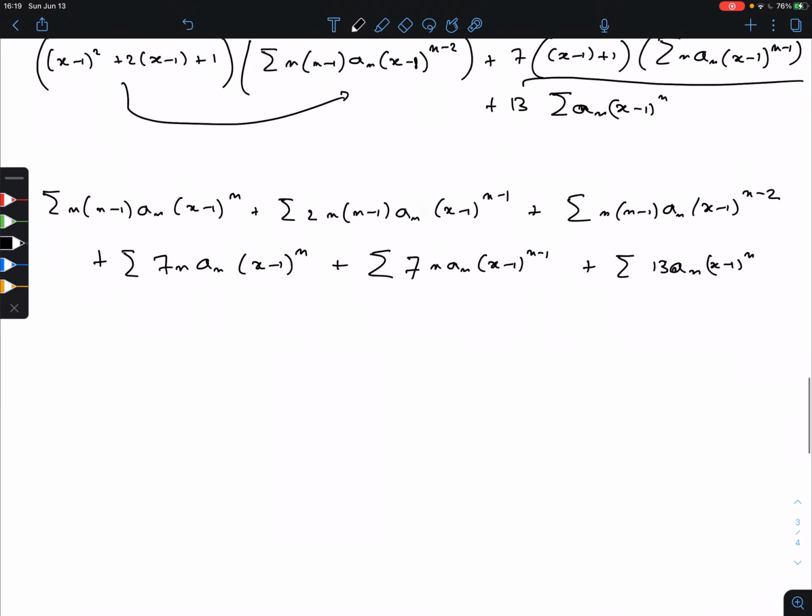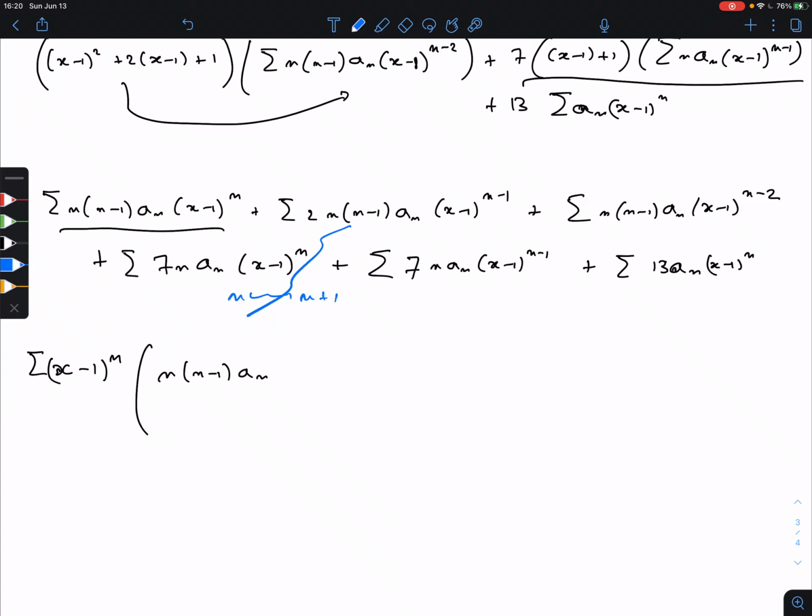There are some shifts that we have to do. The first one needs no shift. I'm going to do the shifts, and then I know what the coefficients will be, right? So this needs no shift, so this is just n times n minus 1 a n. For this one, I have to shift n to n plus 1, so this will be plus 2 times n plus 1 times n a n plus 1.